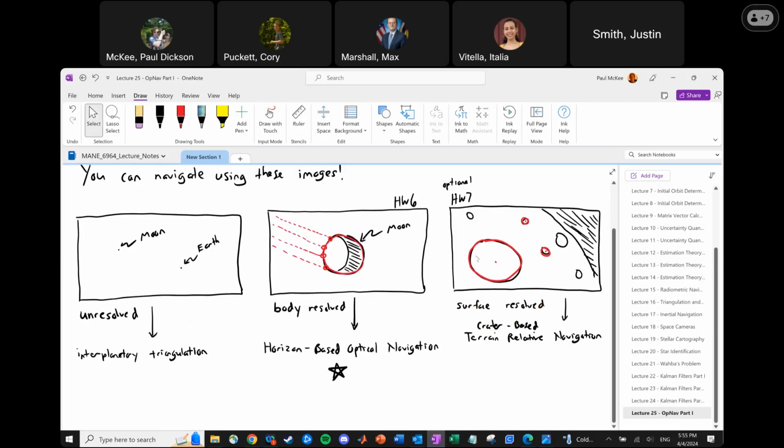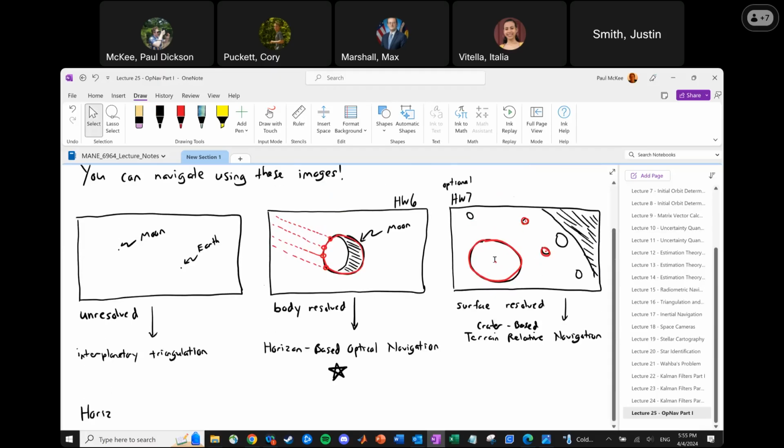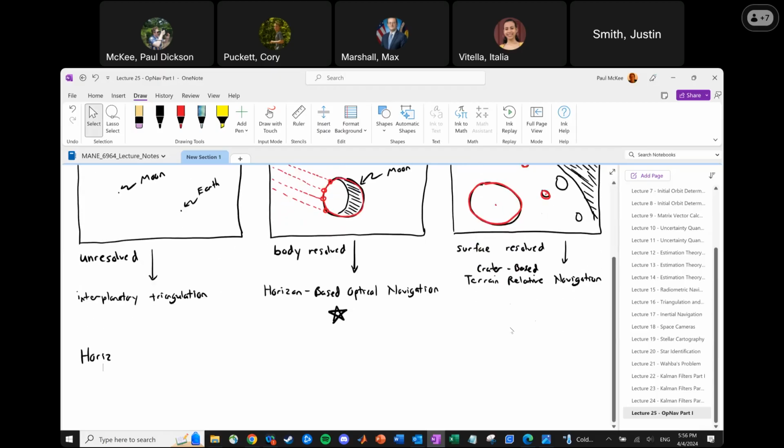But for our final lecture, we're going to go back and talk about solving this problem using craters. So we'll start with horizon-based optical nav.